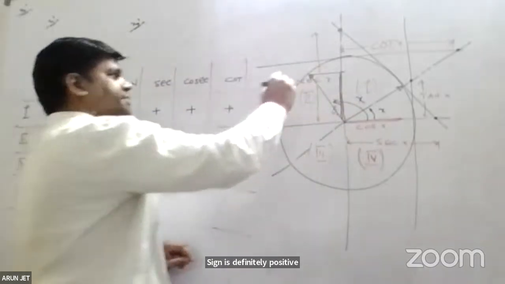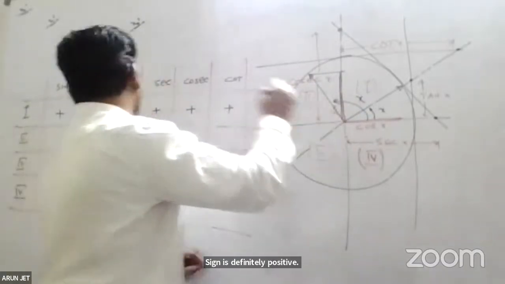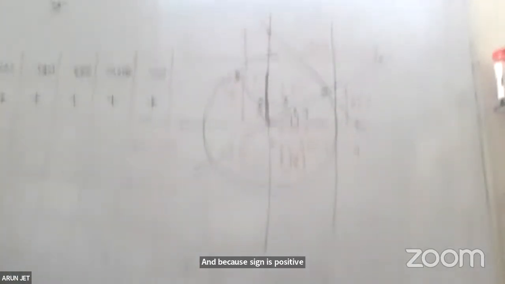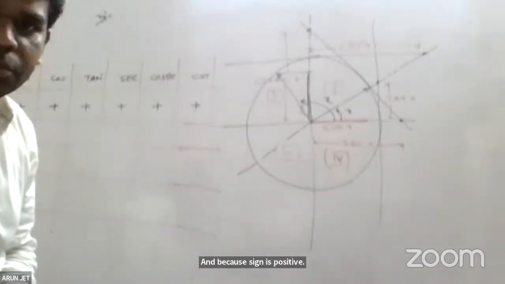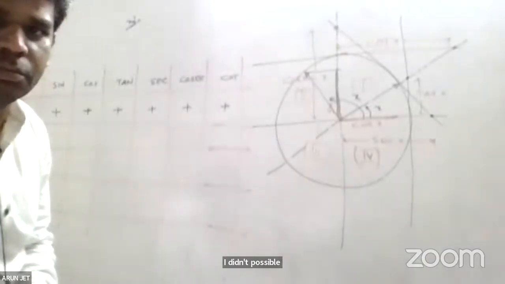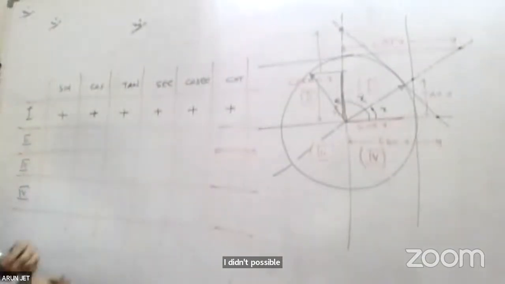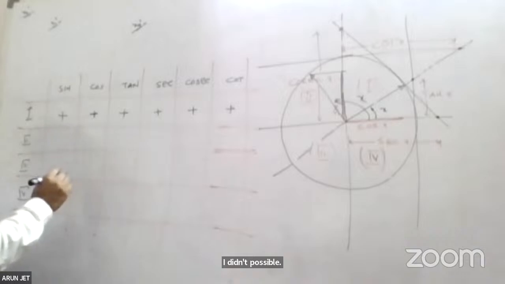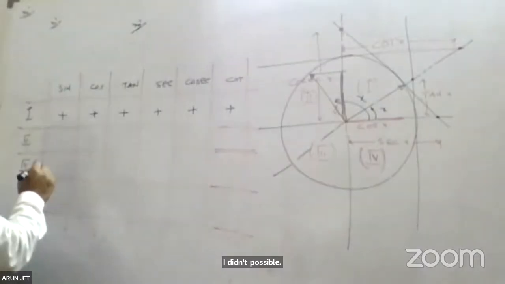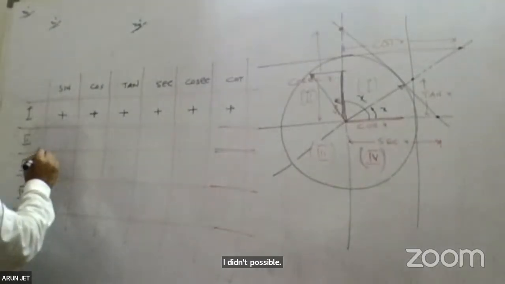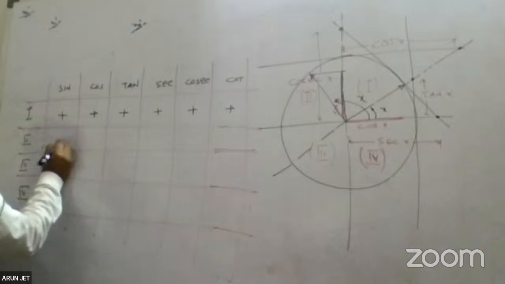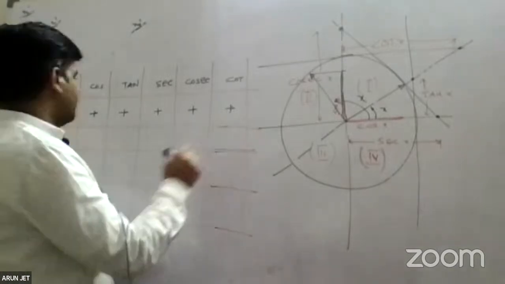And because sine is positive, I write it positive over here. Cos is negative.